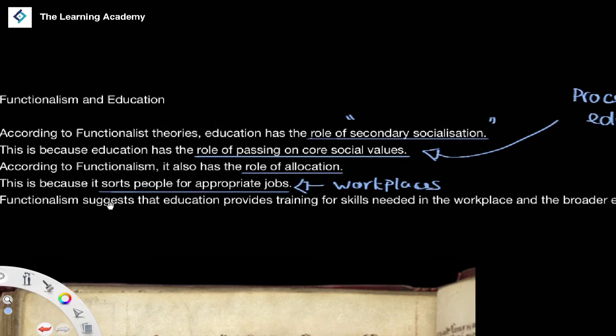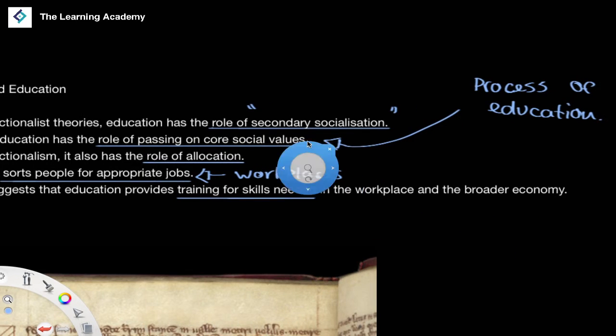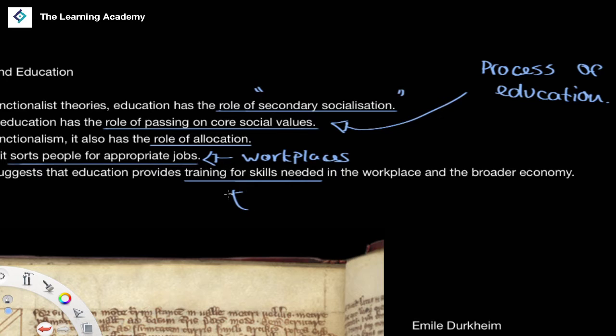And functionalism suggests that education provides training for skills needed in the workplace and the broader economy. So the function of education is useful in providing training. That's one of the functions of education.